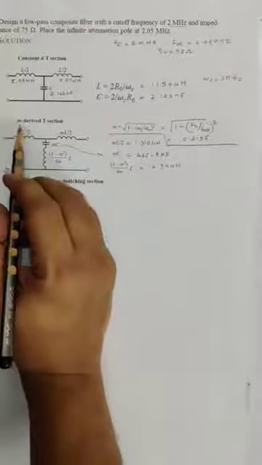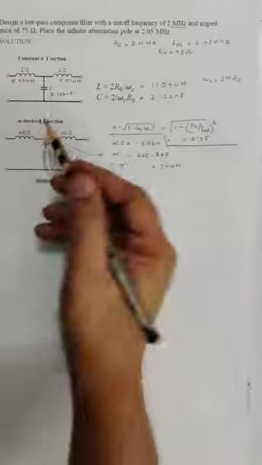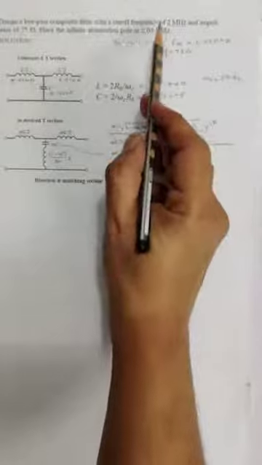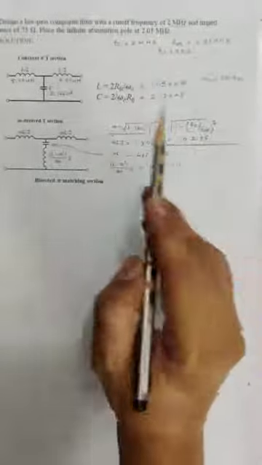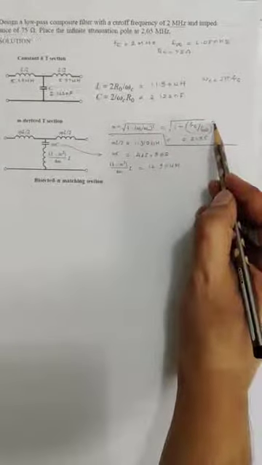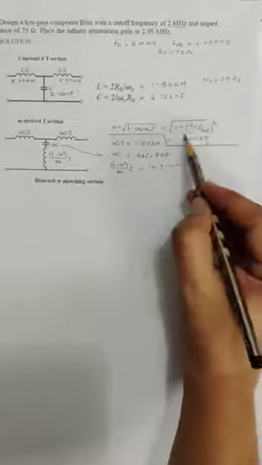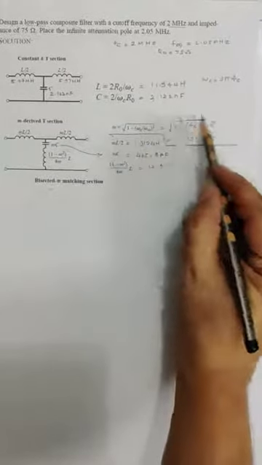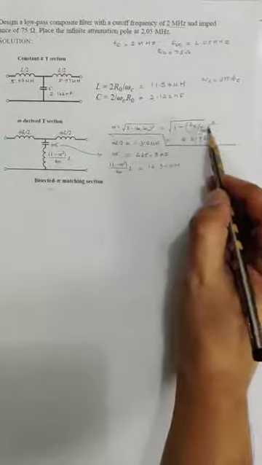So for designing the m derived T section, one has to calculate m from fc and f infinity. Since this is a low pass filter, the formula of m is 1 minus fc by f infinity the whole square, whereas in a high pass filter the formula of m becomes 1 minus f infinity by fc the whole square.